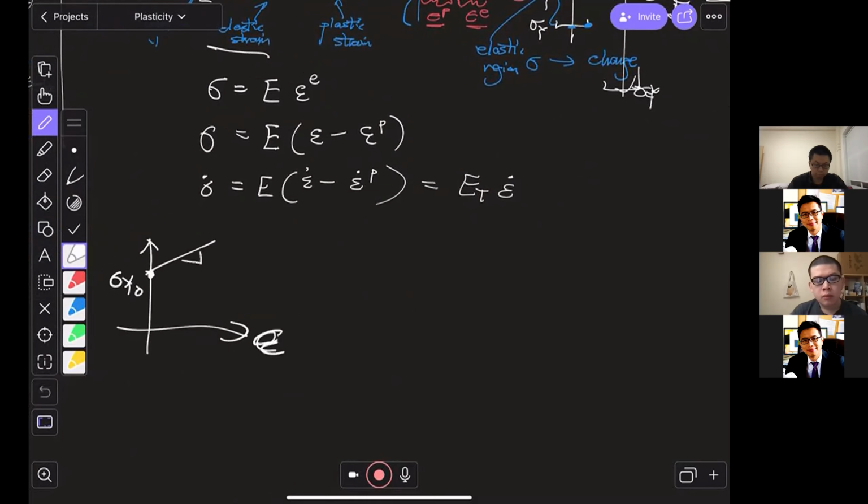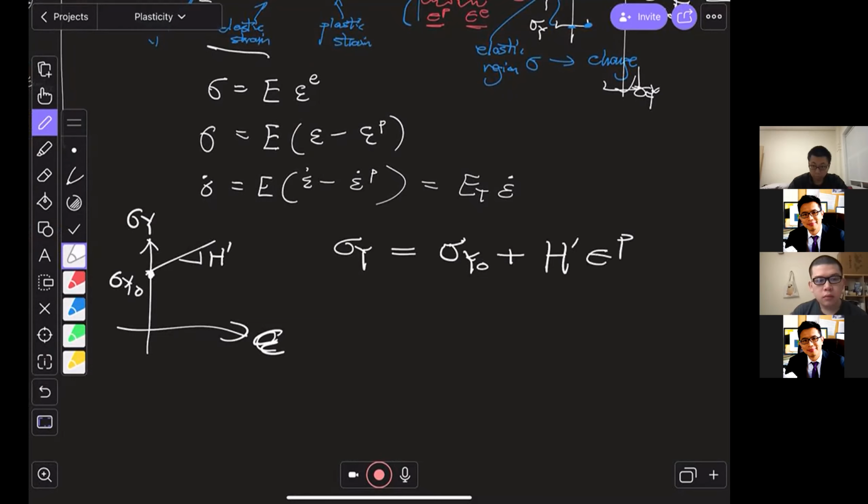That slope is called the hardening modulus. The new yield stress would equal the initial yield stress plus H prime times epsilon p.